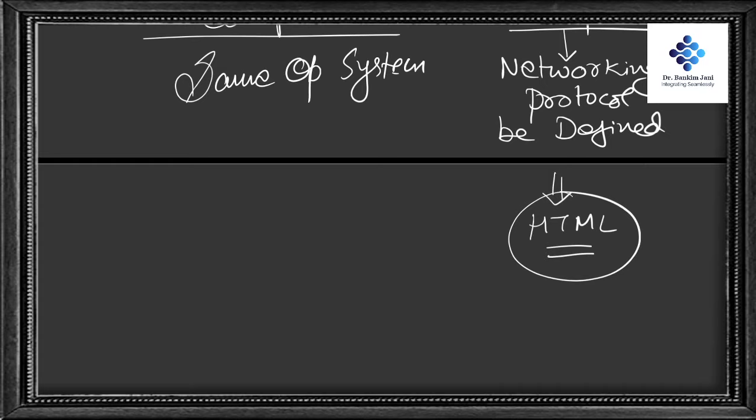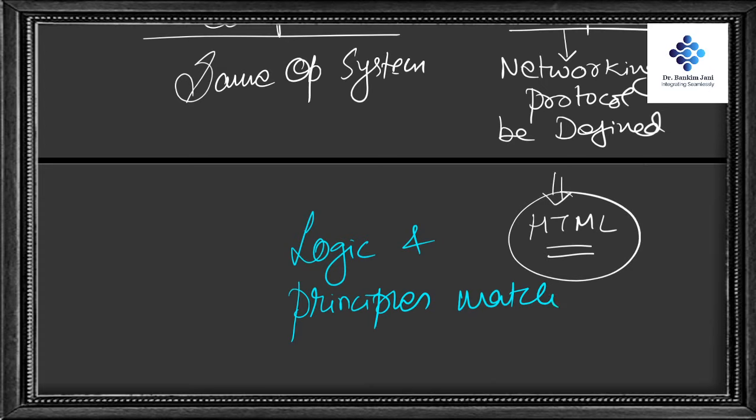The reason behind why HTML is used is because the logic and the principles really match between REST and HTML. So they both really match, and due to this, HTML is in use.